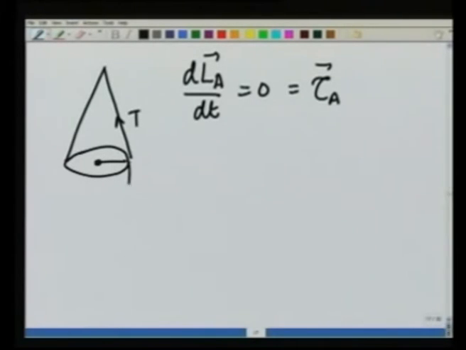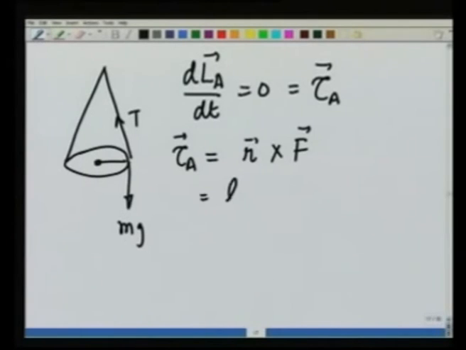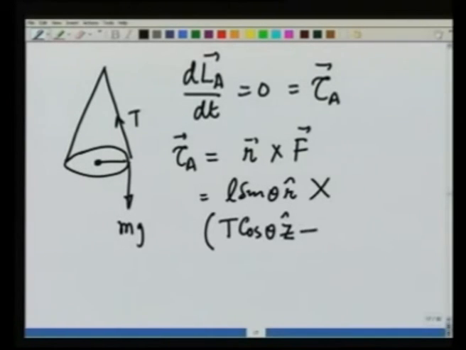Let us calculate torque about point A, and I am using a strictly mathematical definition, r cross F. R is nothing but L sin theta in the r direction, cross F, which is T cosine theta in the z direction, minus T sin theta in the r direction, minus mg in the z direction.